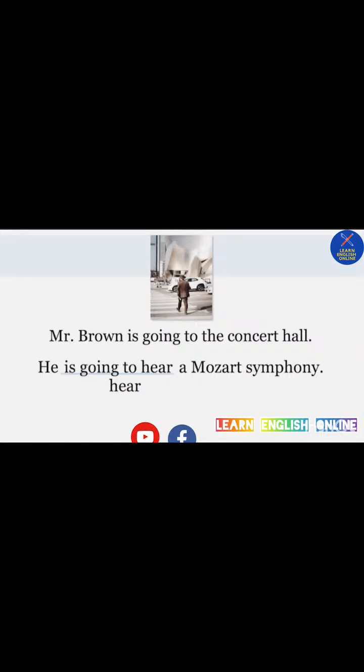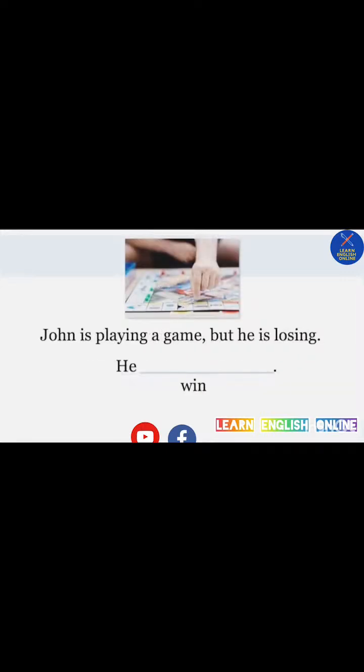He is going to hear a Mozart symphony. Okay, how about this here? You know you can make a contraction with he and is. What goes there? He's going to hear a Mozart symphony. John is playing a game, but he is losing.